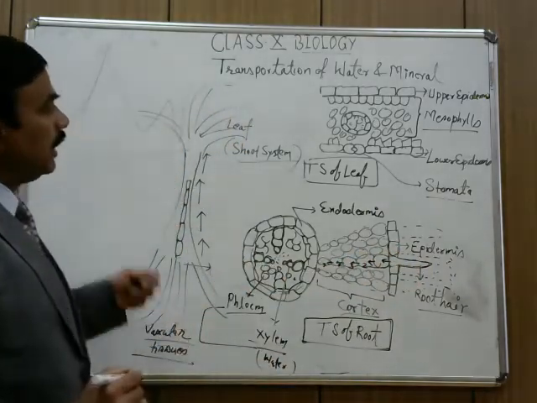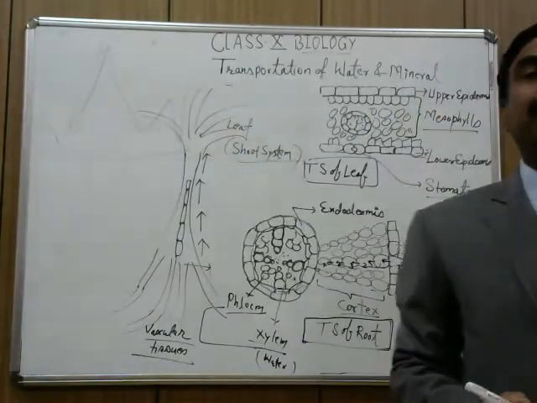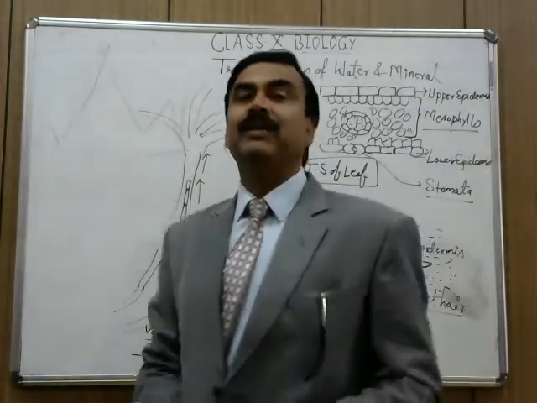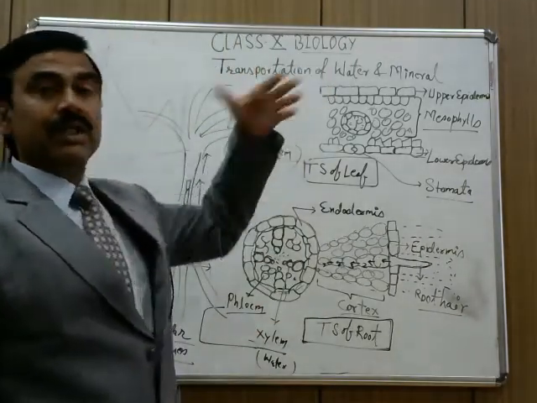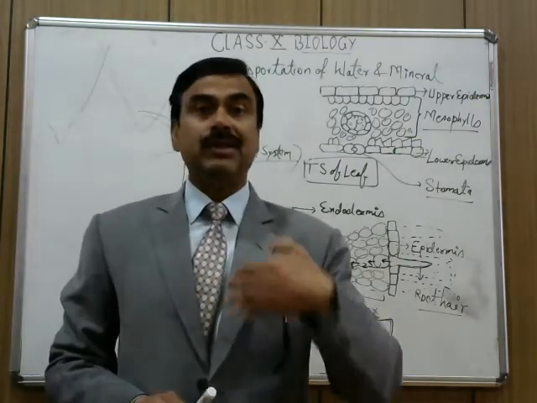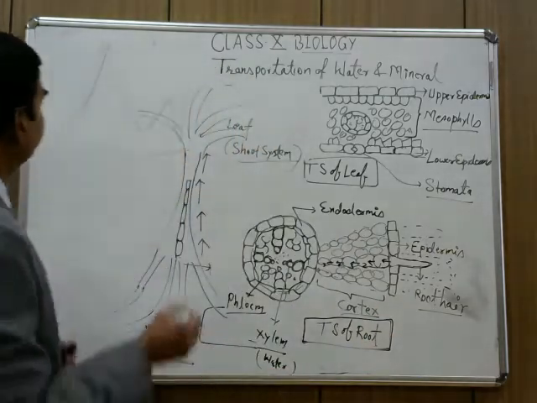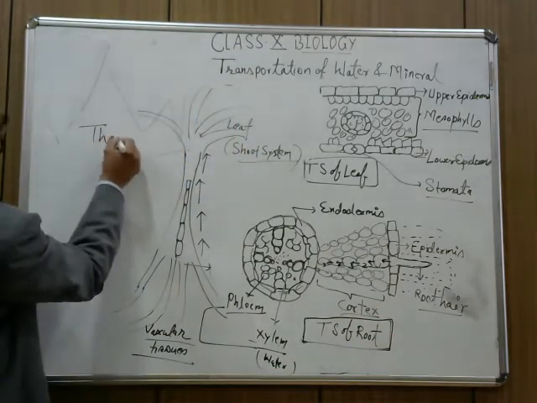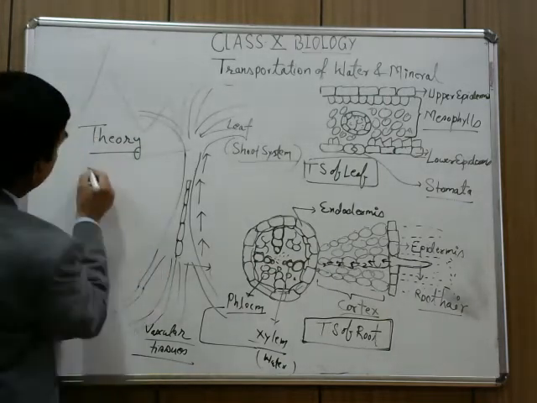So now, what are the theories involved in the movement of water and mineral? In the transportation, there are three valid theories, and the names of these three theories are, number one, root pressure theory. So you can write anywhere.